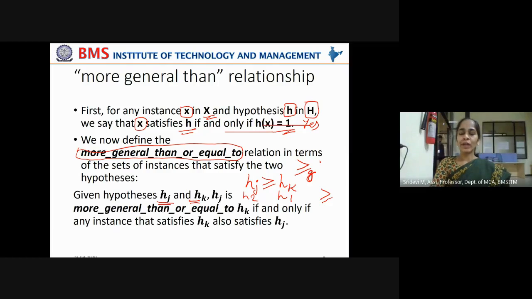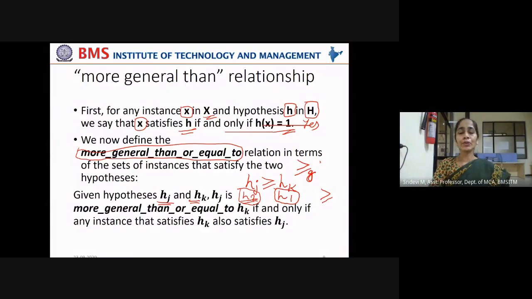Whenever an instance is applicable for H1, it will also be applicable for H2. If an instance satisfies H1, that is, it is sweet as well as healthy, then it satisfies the hypothesis that it is sweet. So H2 is more general than H1.